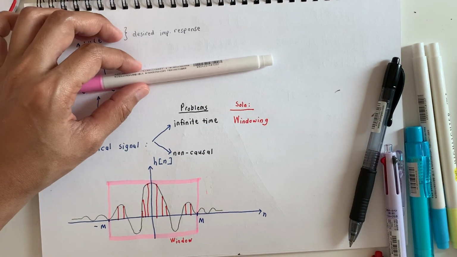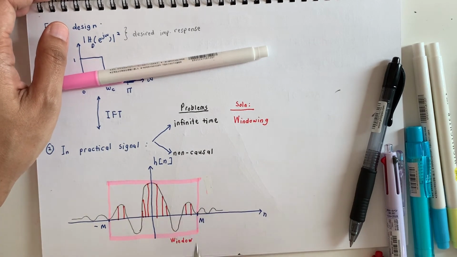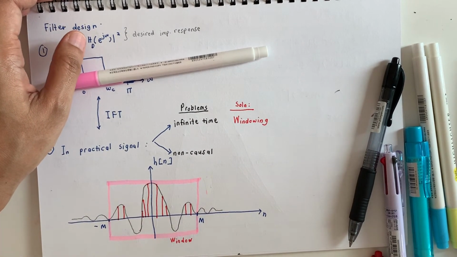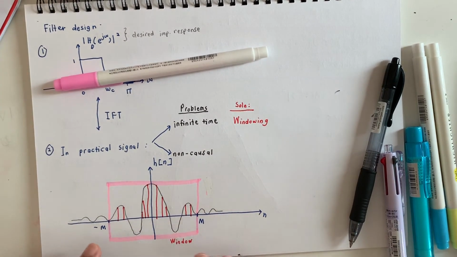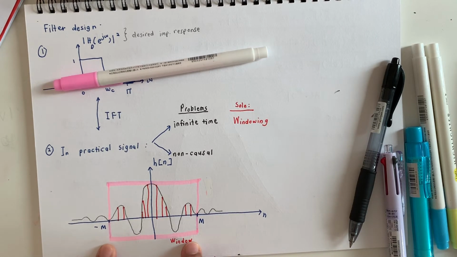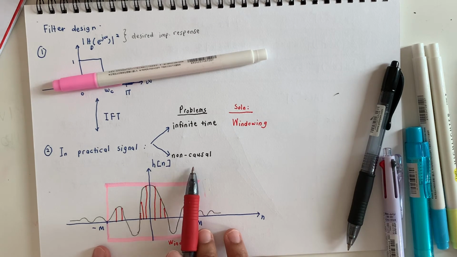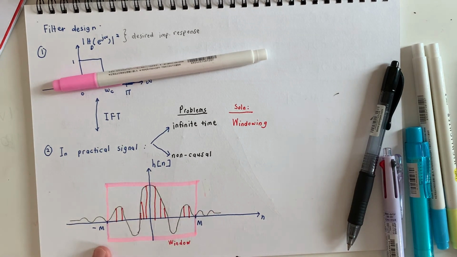Next we need to solve the non-causal issue. How to solve it? We need to bring our important signal to the right. This signal is considered a two-sided signal. On causality, the signal is causal if it is a right-sided signal, meaning you have to bring all the signal to the right.